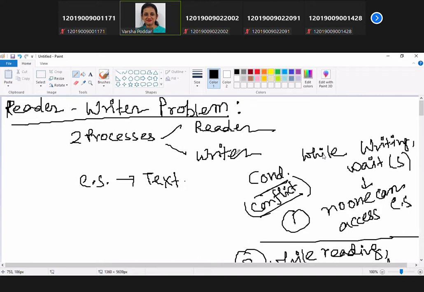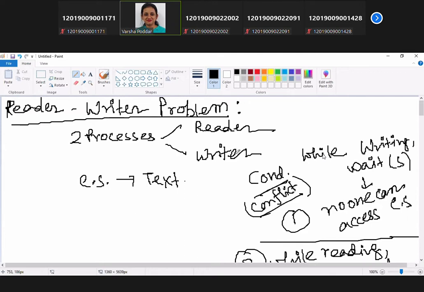So while writing, I don't have any problem, but while reading, I have a severe problem, right? So while reading, only read is allowed. If I have a read function, then it will be allowed. But if it is a write function, it is not. Suppose one text can be read by 5 people at the same time because they are not updating the values.